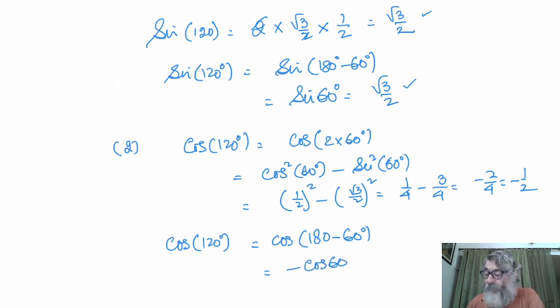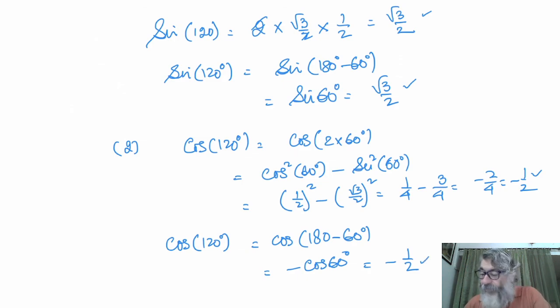Why minus cos 60? Because cos remains cos, but the sign depends upon which quadrant the angle is going to fall. 180 minus 60 will fall in the second quadrant. So it is minus cos 60. And the value of cos 60 is what? 1 upon 2. So minus 1 upon 2, which is here also and here also. We have got this value.